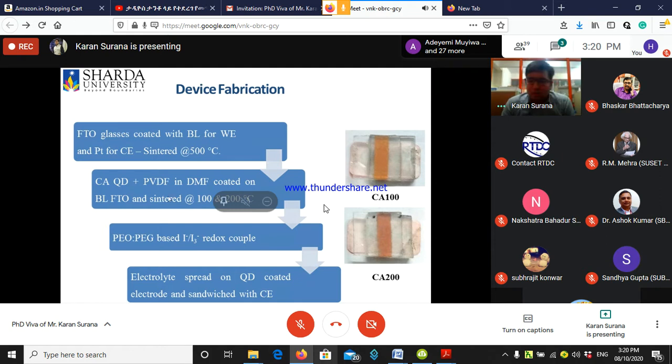Now here, the working electrode was sintered at 2 different temperatures, 100 degrees centigrade and 200 degrees centigrade, named CA100 and CA200. You can see that there is a difference in color between the 2. The CA200 is darker in color. At 200 degrees centigrade, DMF, PVDF and mercaptoethanol, all of these 3 cannot be present because their boiling points are lower than 200 degrees centigrade.